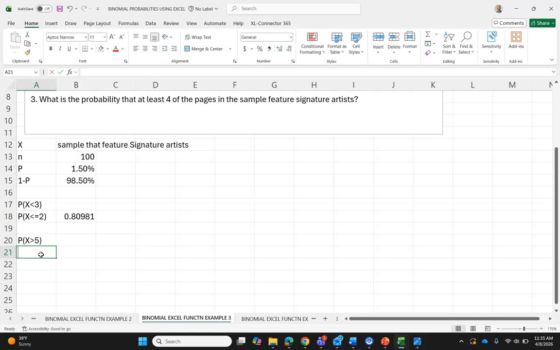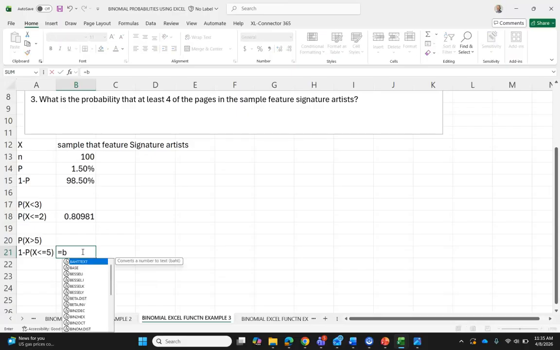So we're going to take 1 minus the probability of X such that X is less than or equal to 5, because here 5 is not included. We are looking at something greater than 5, and it starts from 6 and above. The complement of that is 1 minus the probability of X from 5 and below, so that satisfies the binomial distribution function.